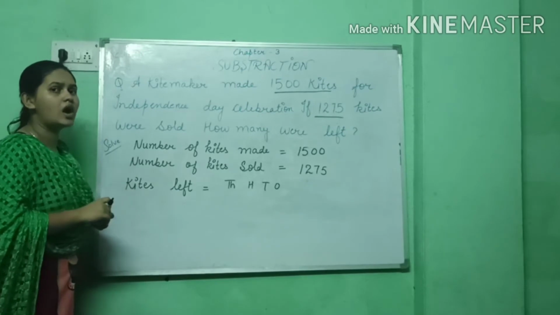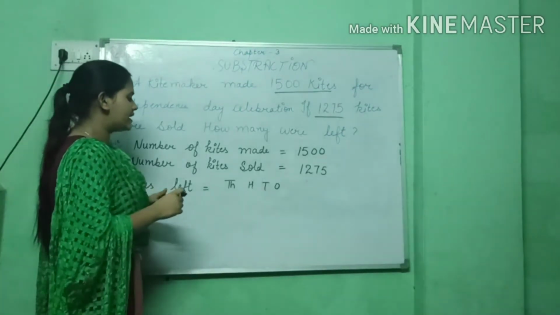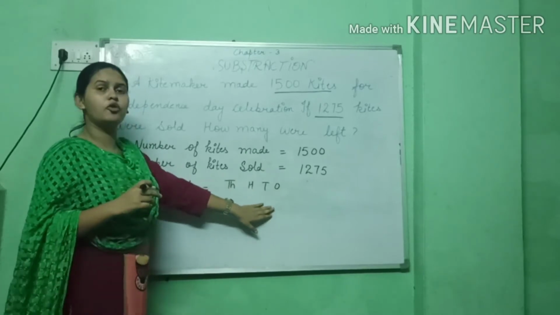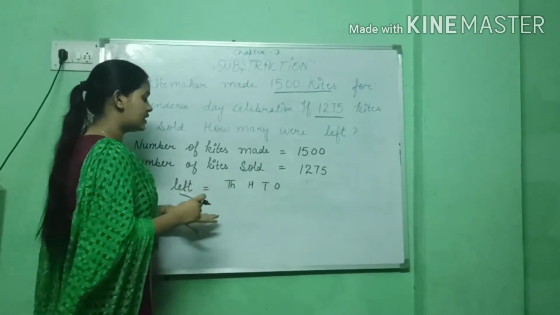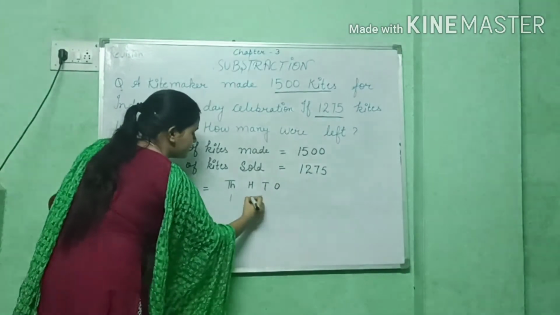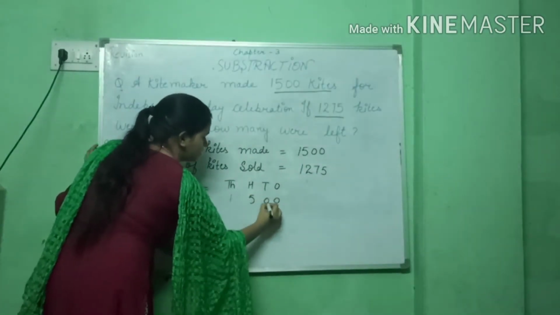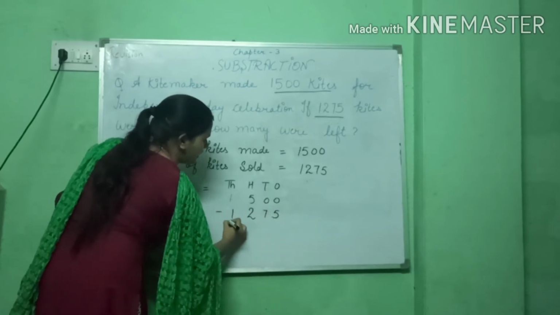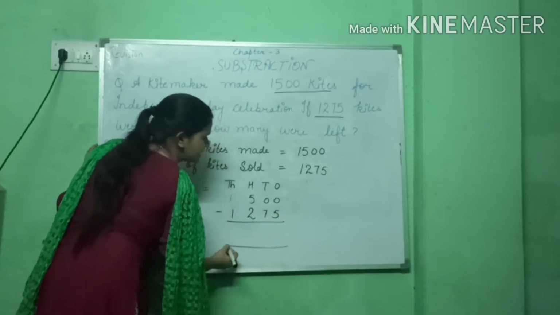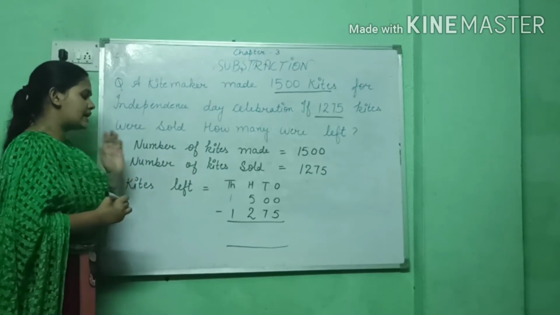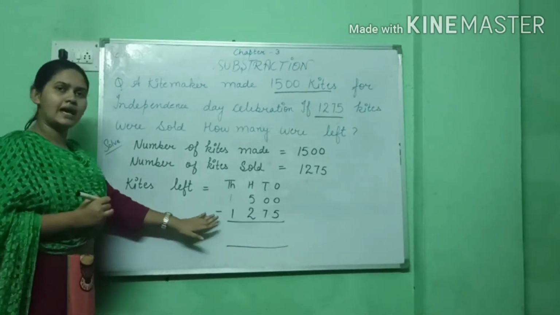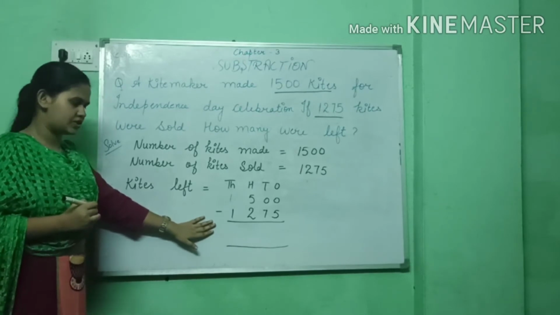These are 4-digit numbers, so I have converted them into 4 divisions: ones, tens, hundreds and thousands. Now we will do the minus. Never forget to put the minus sign, because it is important for subtraction.